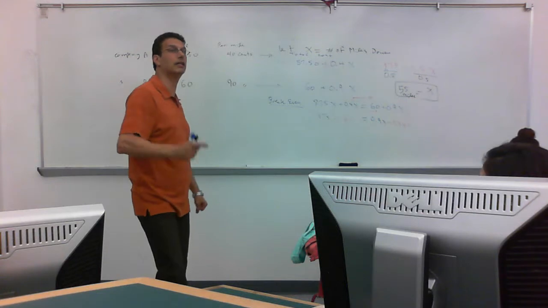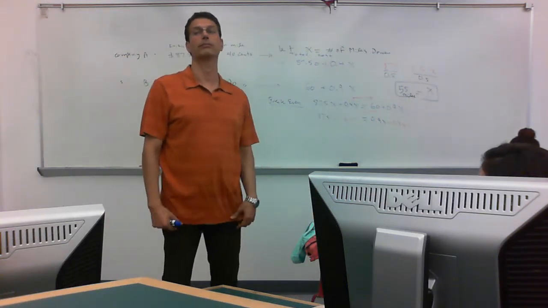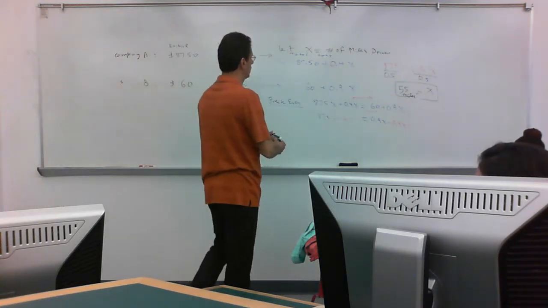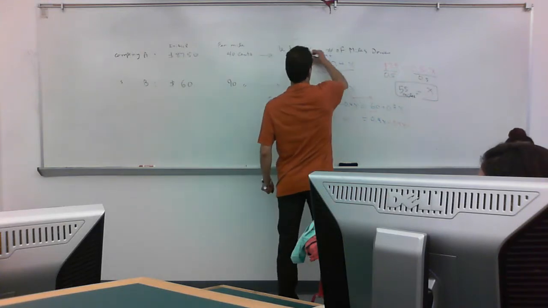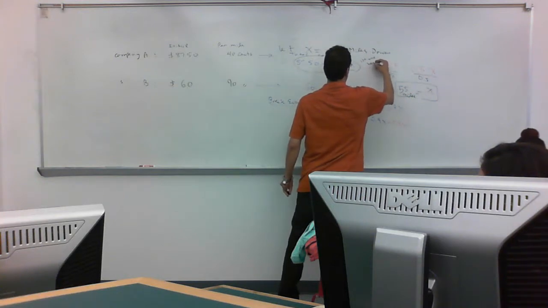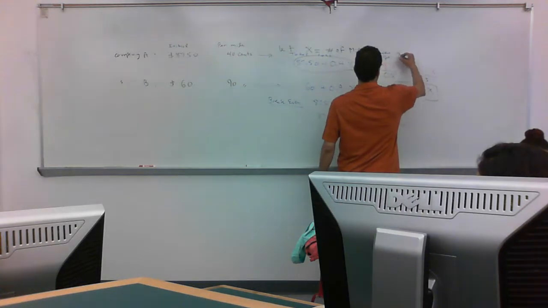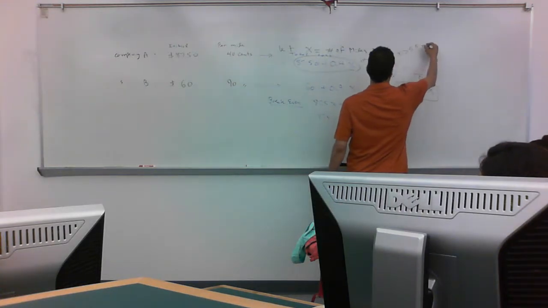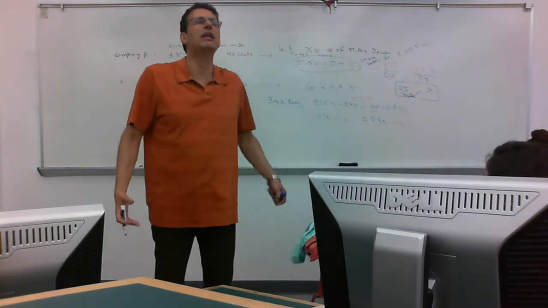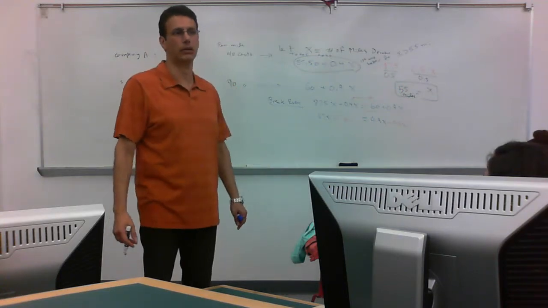Which one would be a better deal as far as you're concerned as a consumer? The first one? And again, you can pick any number, even 56, 60, 80, 100, and plug it in and calculate.